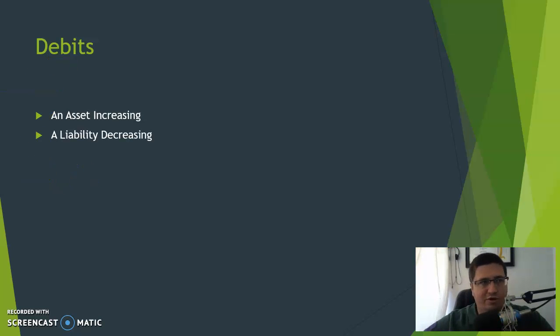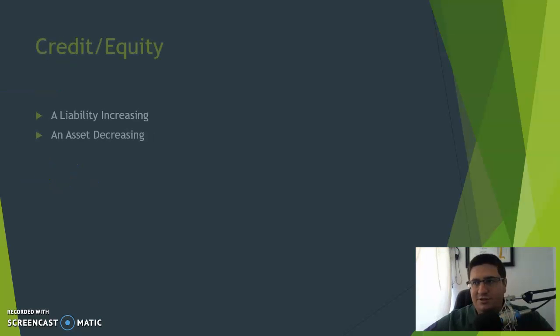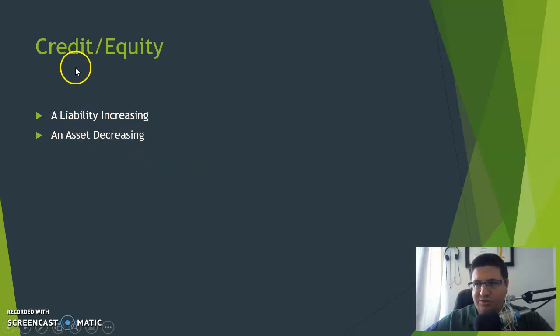And we're going to get a little more into this. Credit and equity. So a liability increasing is a credit. You bought something with your credit card, you increase the credit in the business. An asset decreasing is also a credit. So money going out or money going somewhere else.